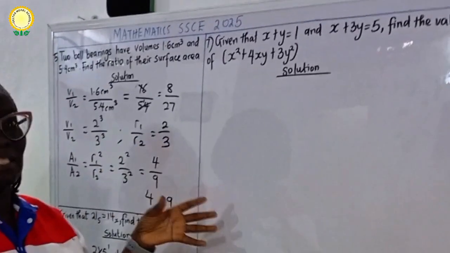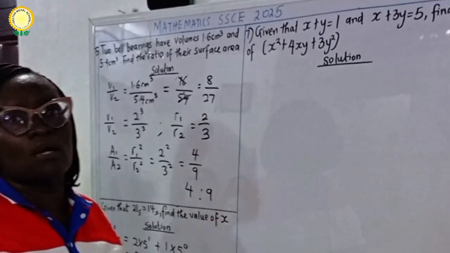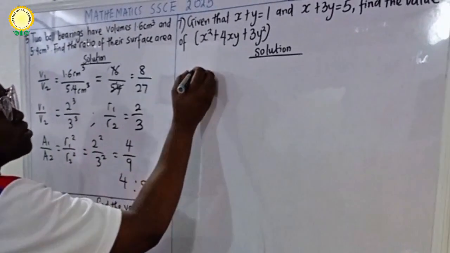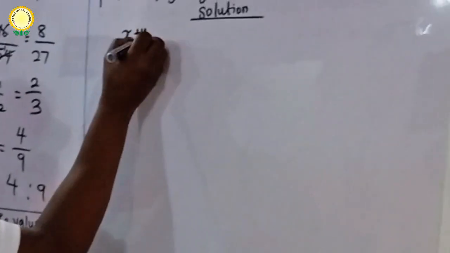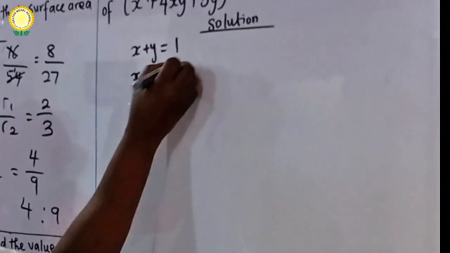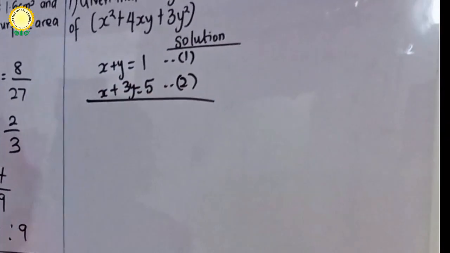We first of all solve the simultaneous equation to get our x and y. Then you substitute for x and y in the third expression. So we have x plus y equals 1, and x plus 3y equals 5. Take this as equation 1 and this as equation 2. So let's solve that quickly. What method will be used?